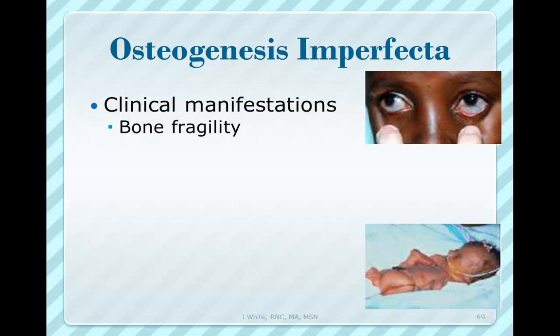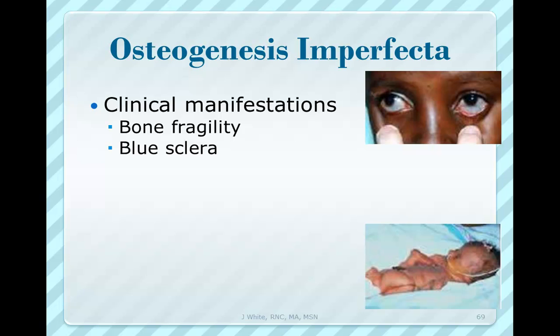Here we see this little baby down here, and you can see that this leg is way out of position, and what has happened is it has broken and healed itself in this strange position. This happened in utero. So it was simply the fetus's movement in utero against the uterine wall that caused the break. How fragile that bone is.